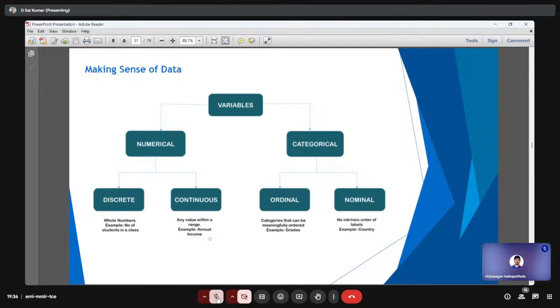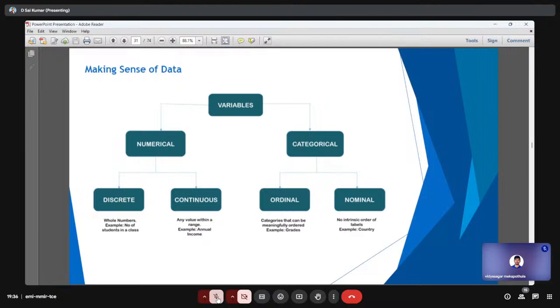Similarly, if you consider the weight of an individual, it is also a continuous variable, as weight changes. Again, we use these numerical data, discrete or continuous, in descriptive statistics to perform exploratory data analysis.